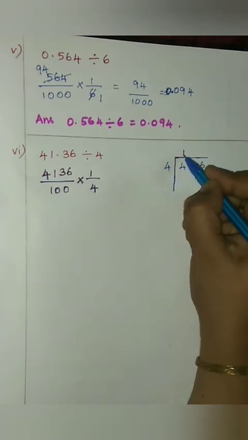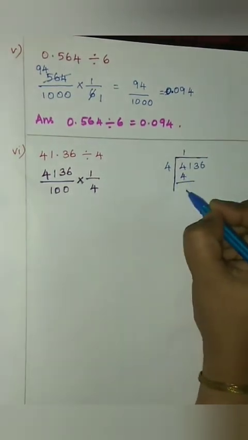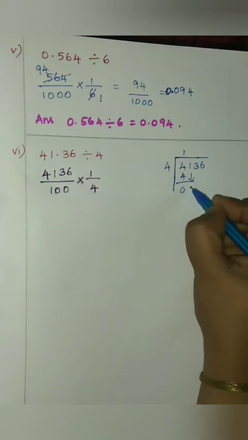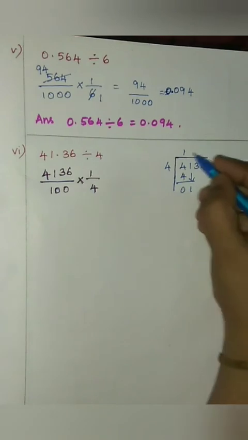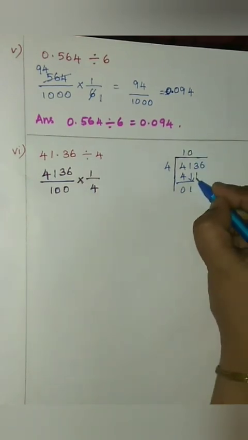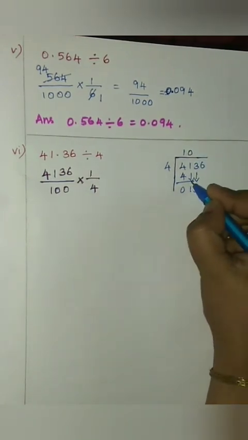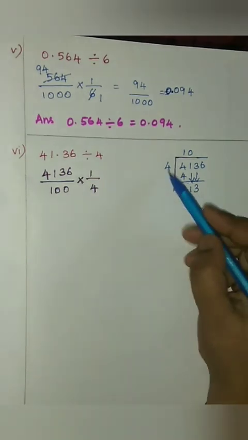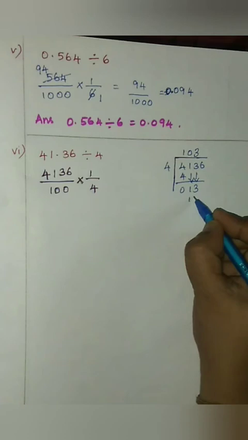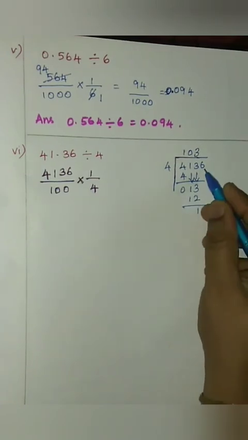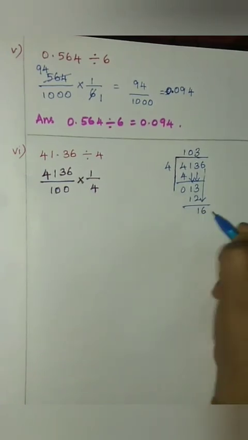4 goes one time. So the remainder is 0. Bring the next digit down, 1. But 1 is smaller than 4. We cannot divide 1 by 4, so put 0. Bring the next digit also down. Now the number is 13. How many times does 4 go in 13? 3 4s are 12. Remainder 1. Bring the next digit down. Now the number is 16.